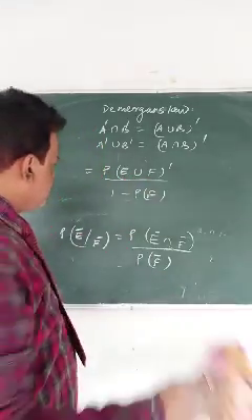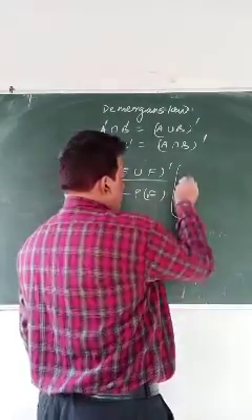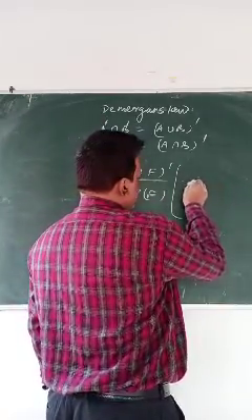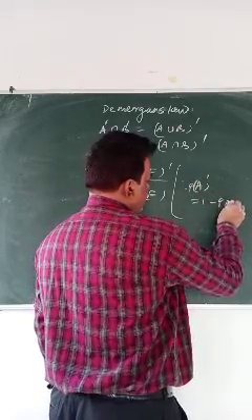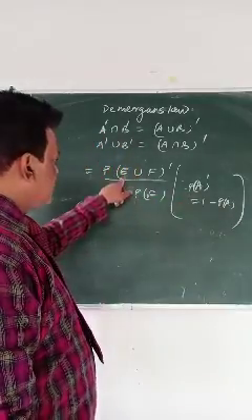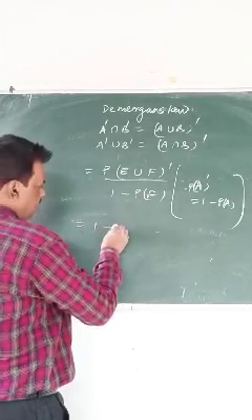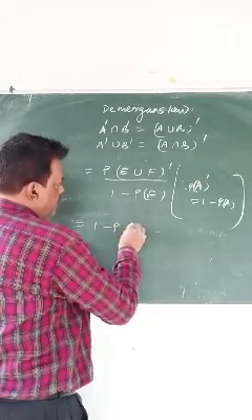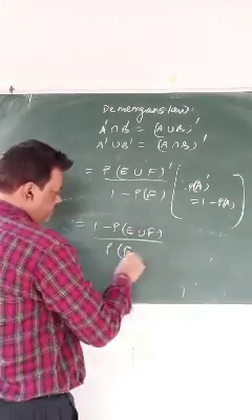This is the same since probability of A complement is 1 minus P(A). This concept we are using here. So that will be 1 minus probability of E union F, by P(F complement).